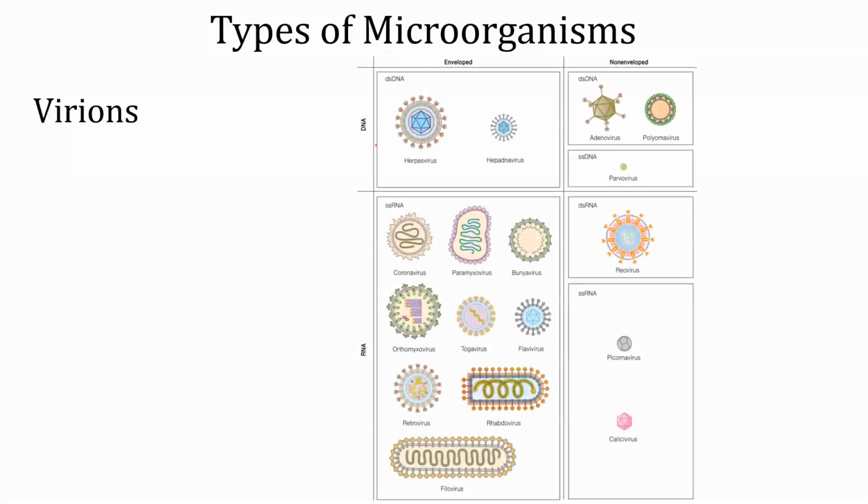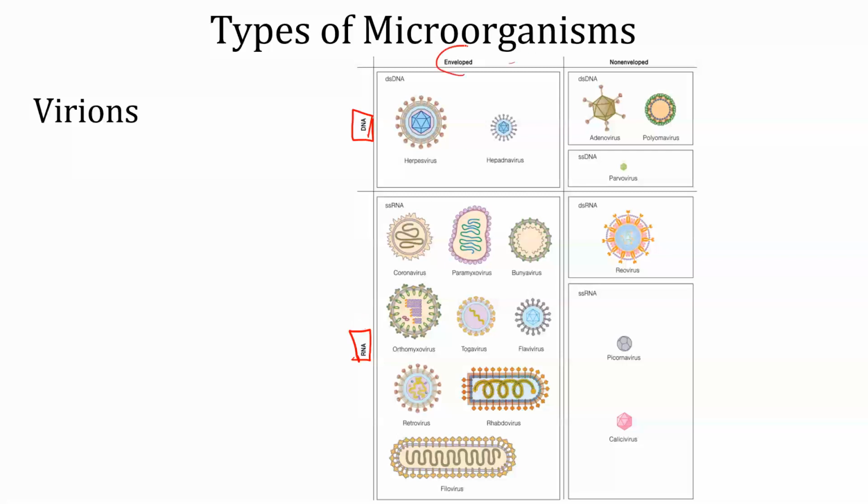But there's a whole bunch of different kinds of virions out there. There are ones that have a DNA genome in them, or they can have an RNA genome in them. Regardless of what the type of virus is, it will have some genetic information in it that gives the infected cell the instructions for how to build more virus.